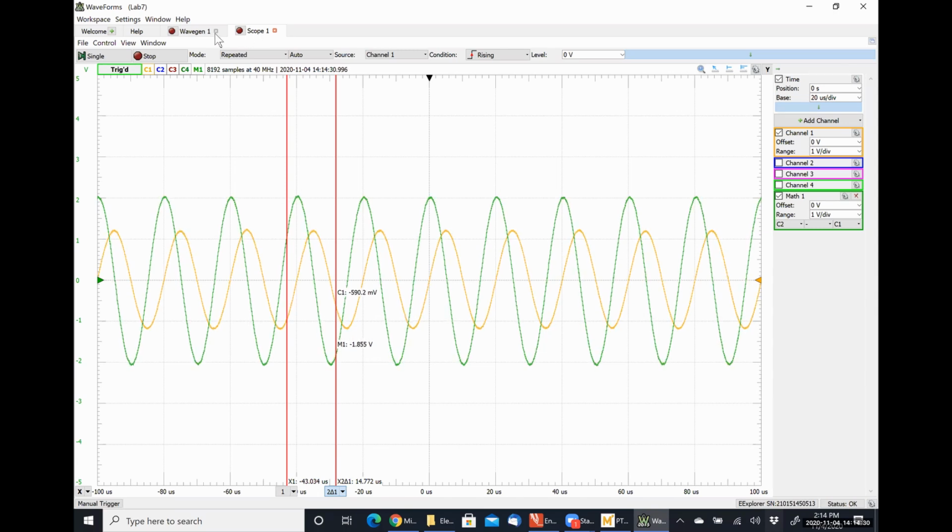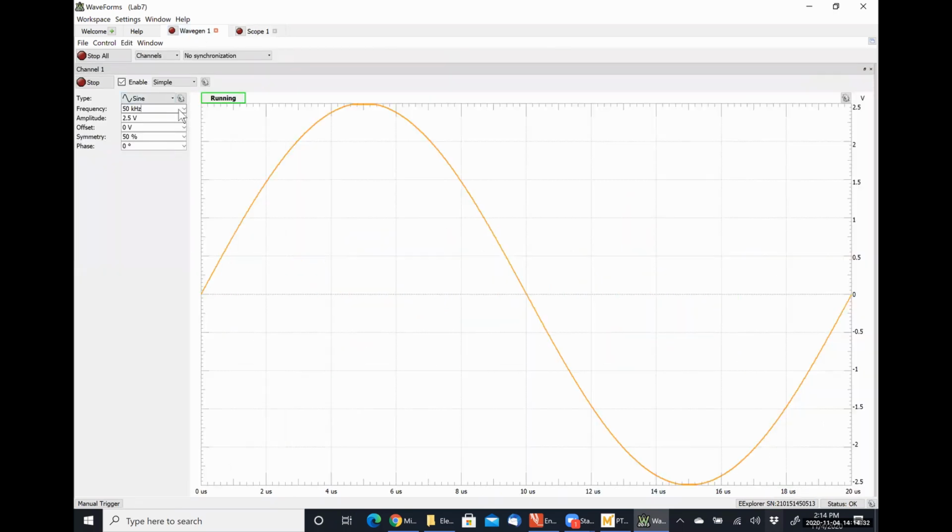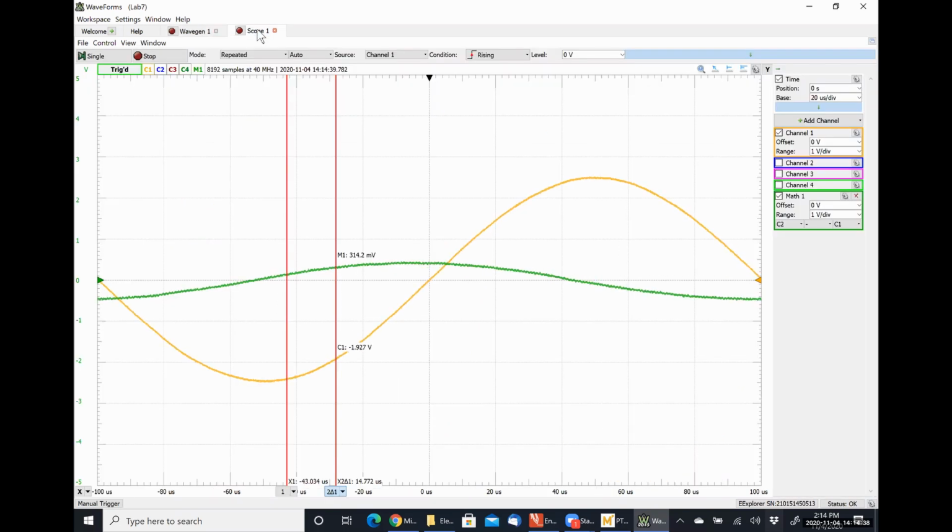If we drop our signal frequency down to 5 kilohertz, now we see that the magnitude of the current is very small in comparison to the voltage. The voltage increased, and it's because we have increased our impedance.